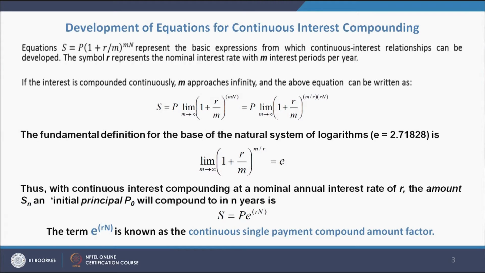Thus, with continuous interest compounding at nominal interest rate of R, the amount S for initial principal P compounded for n years is S equal to P e to the power Rn. The term e to the power Rn is known as the continuous single payment compound amount factor.